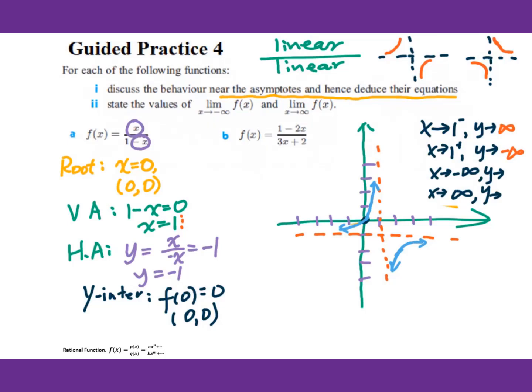As x tends to negative infinity, y tends to negative 1 from the top. As x tends to positive infinity, y tends to negative 1 from the bottom. In other words, for these two limits, both equal negative 1.